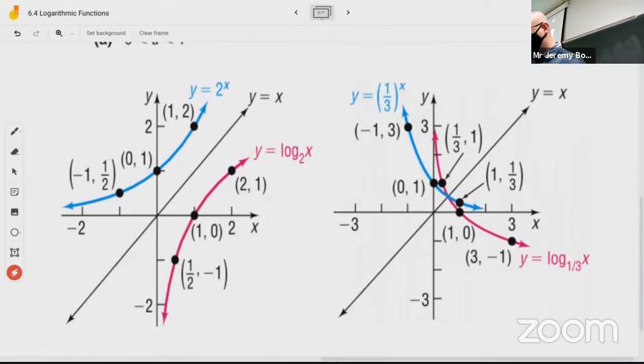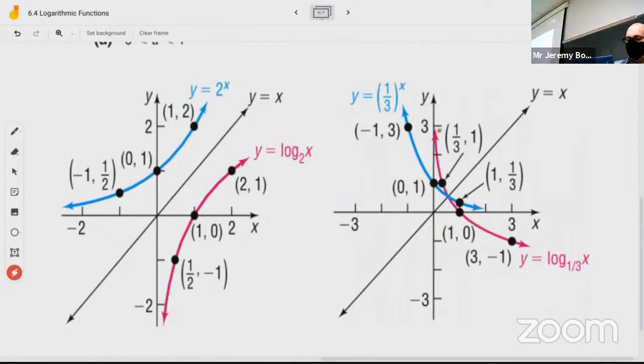I like to show this one even though it's kind of confusing. The blue line is the exponential function, 1/3 raised to x. So it's going to be exponential decay, right? And the inverse of that is going to be log base 1/3 of x.